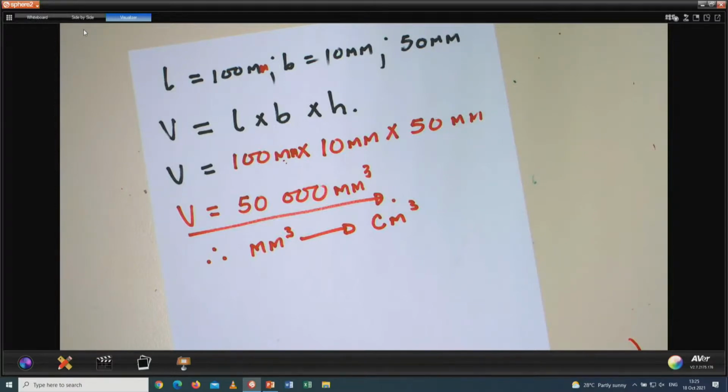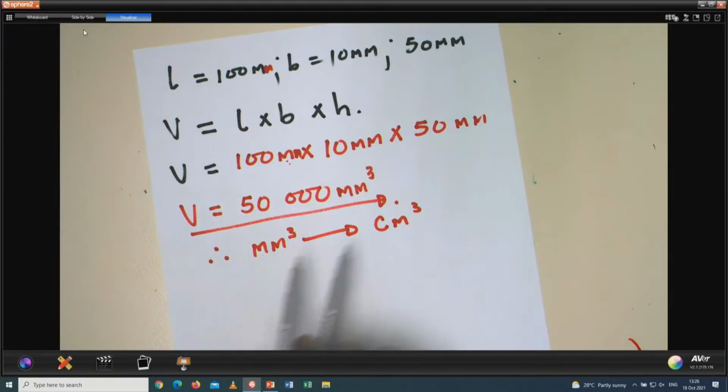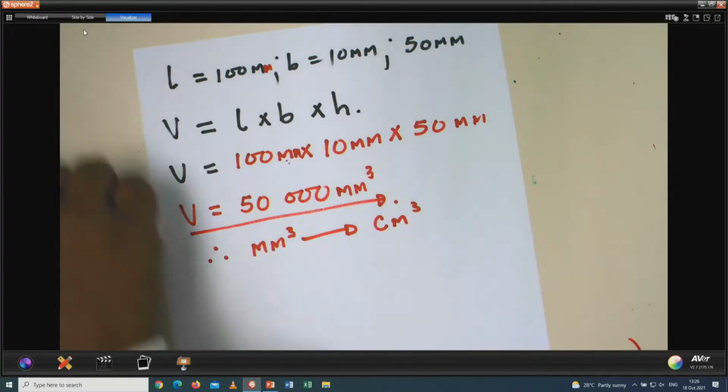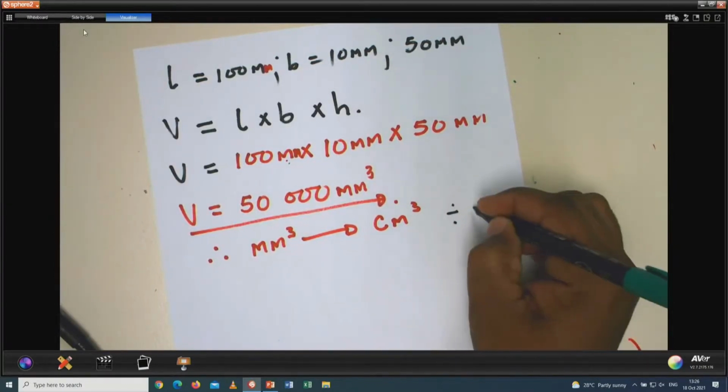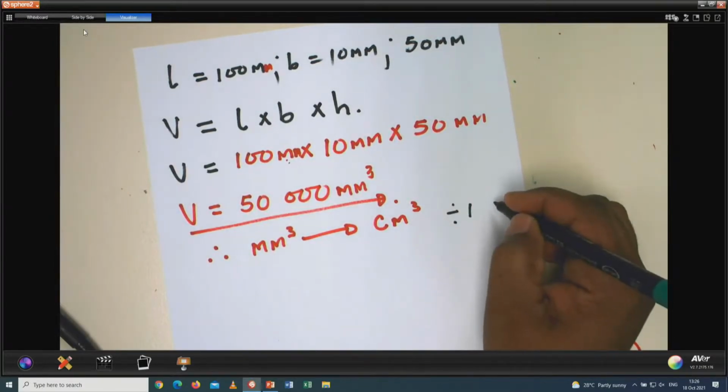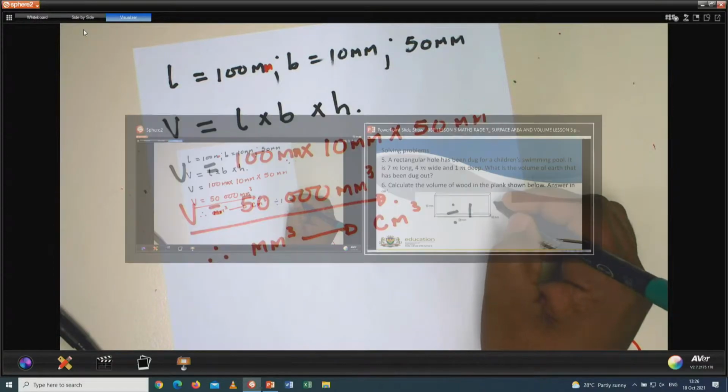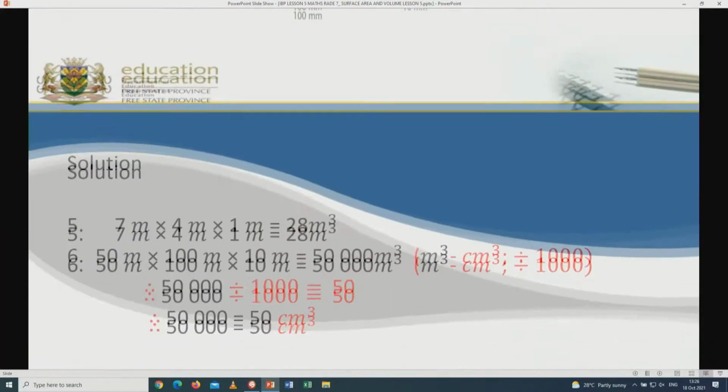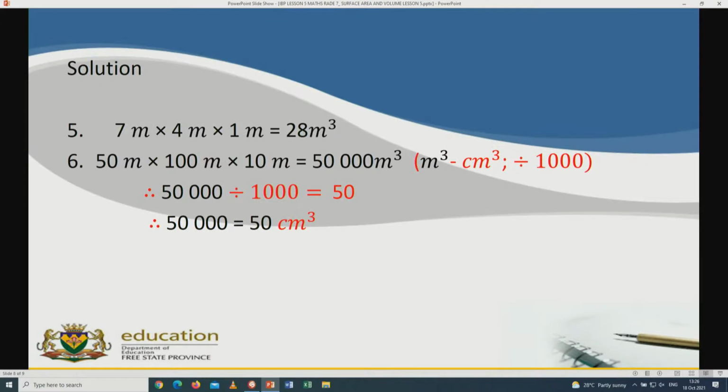We'll definitely do what? Remember, smaller to bigger, we will do what? We will divide. We will divide by what? We will divide it by 1000. Divide this by 1000 as it appears there in the memo.